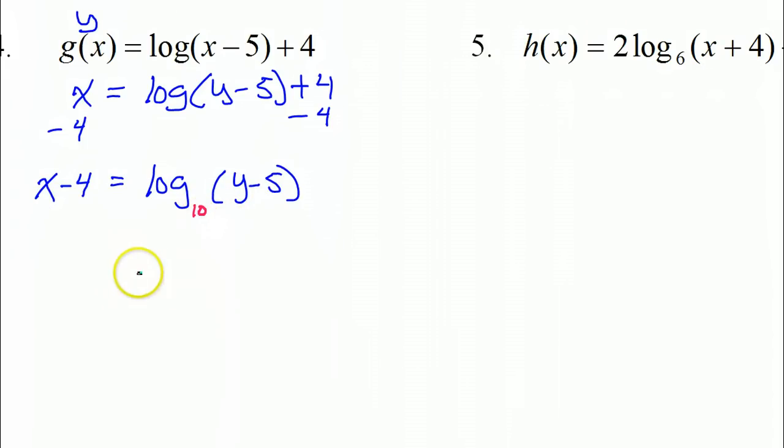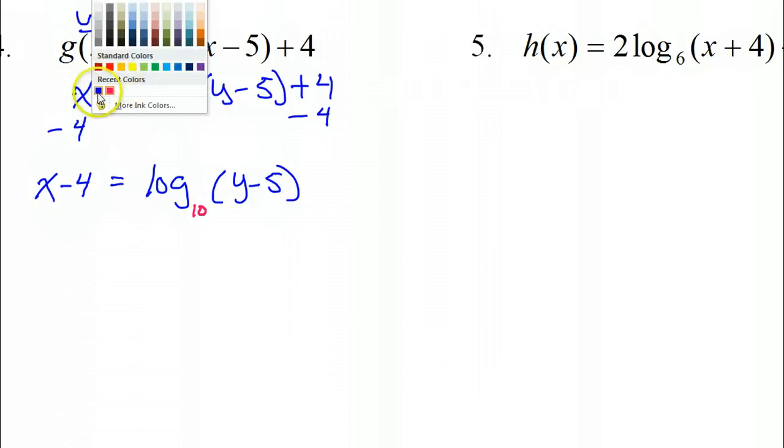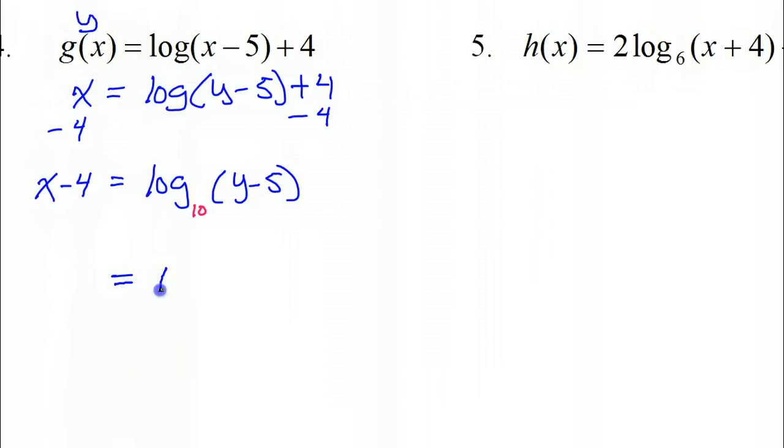So we'll bring down the base 10, and now the x minus 4 and the y minus 5 will sort of switch places. So I will end up with y minus 5 out front, and then this will be the exponent of the 10. So this will be 10 to the x minus 4 power.